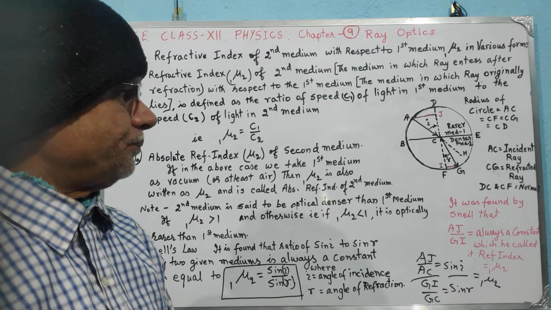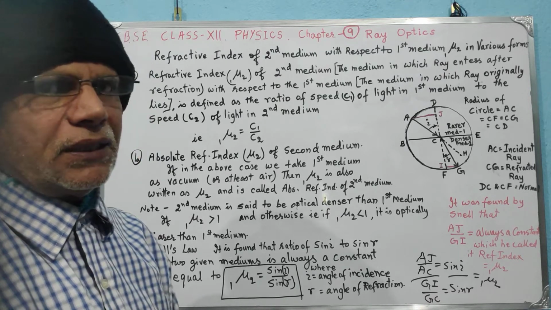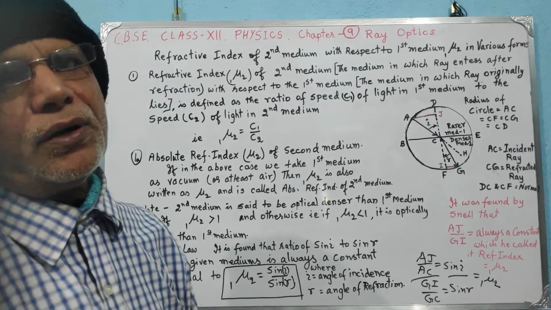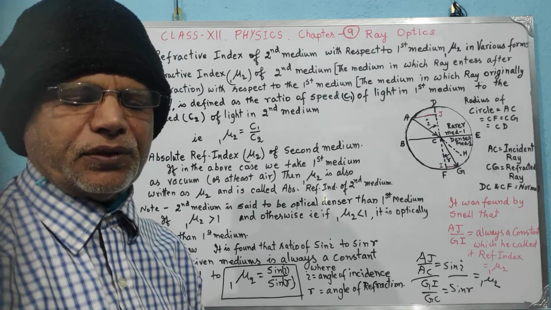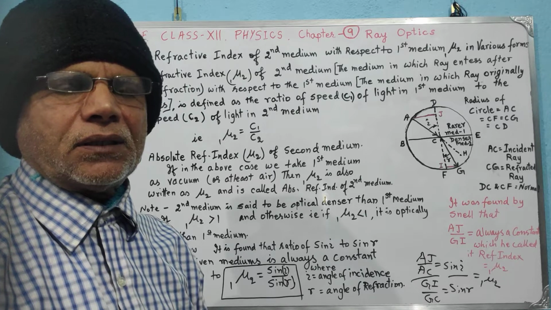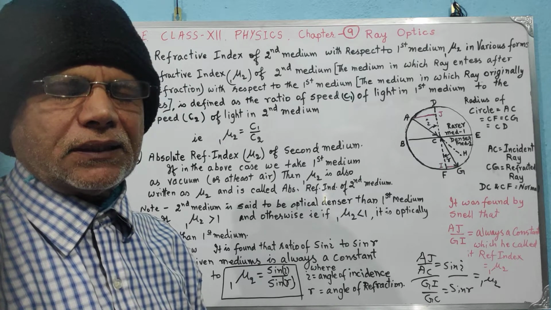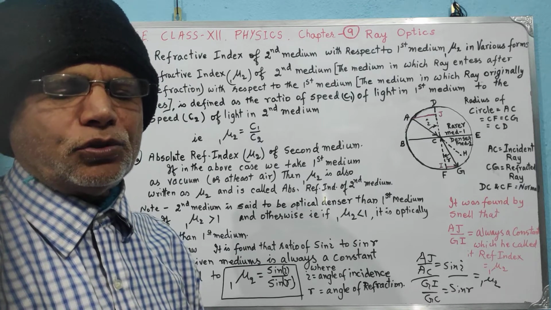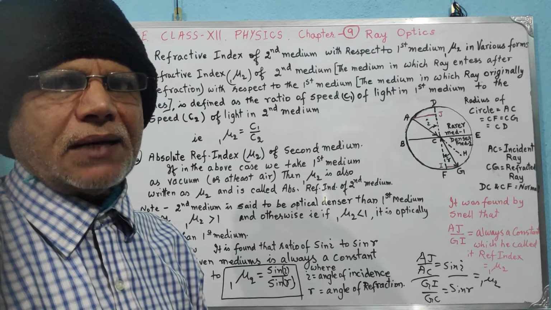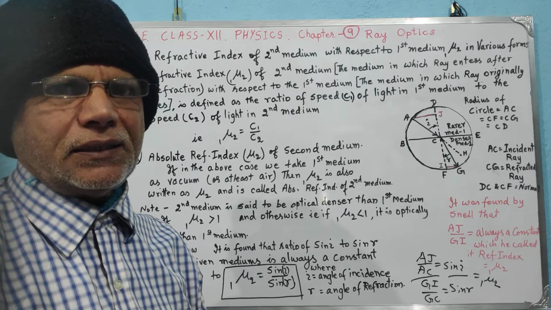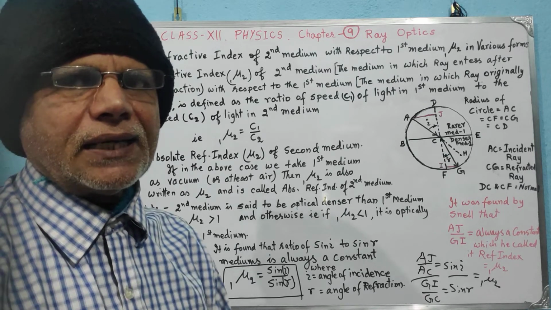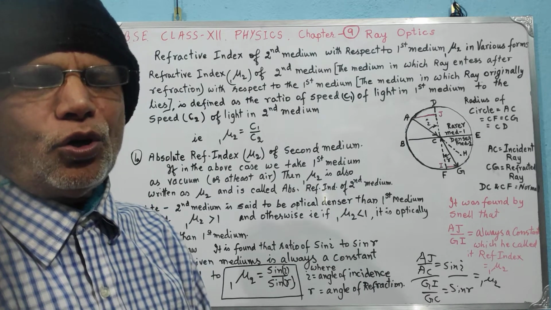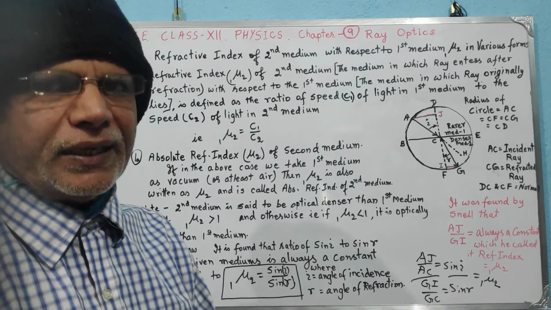So students, we have learned today two definitions, and further we shall be learning all the forms of definitions for refractive index together, so that you have least confusion about them, because usually it comes in the chapter after intermittent gaps, which I believe does not give you the full view together.